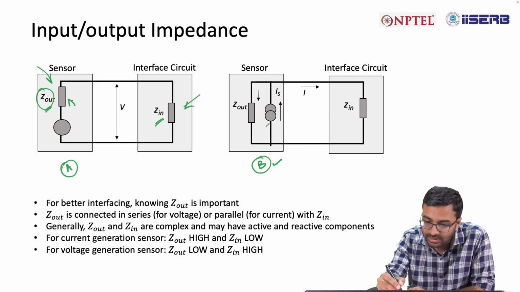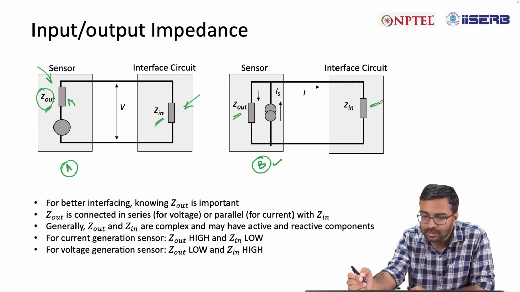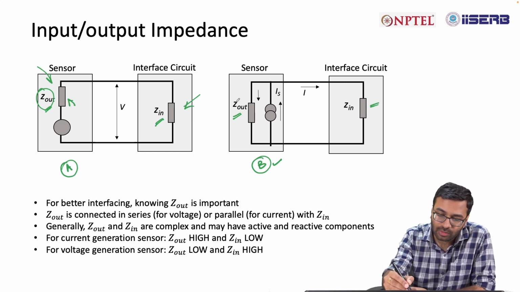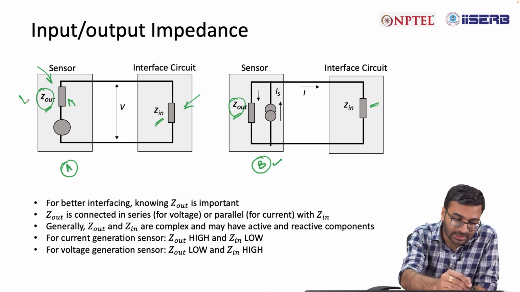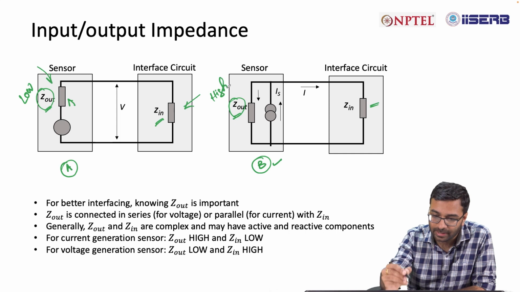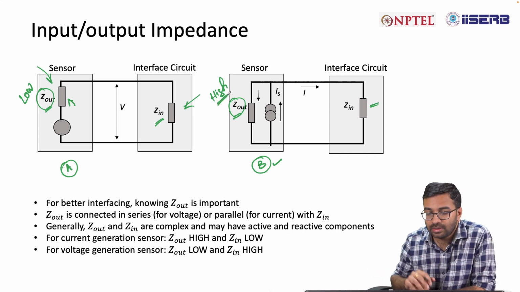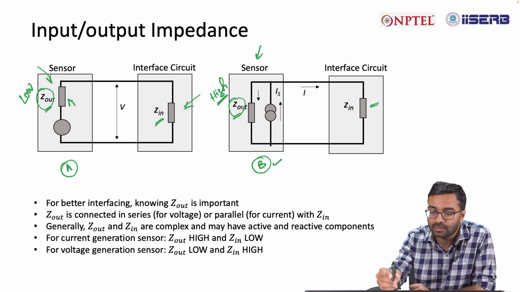However, in case of current generating sensor, first your Z out and Z in should be in parallel, and then the value of Z out should be high. In case of current generating, it should be high. If you keep the Z out low enough, then what will happen?